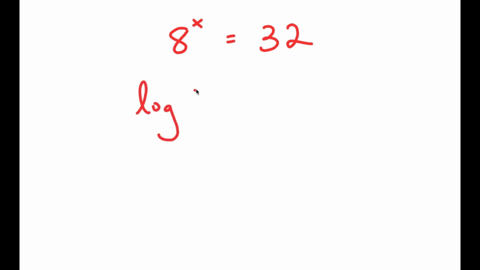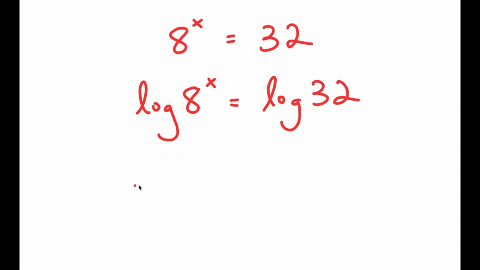Alright, so in this video, I'm going to solve the equation 8 to the power of x is equal to 32. So, to solve this, I'm going to start by taking the log on both sides. So I get log of 8 to the power of x is equal to log of 32.